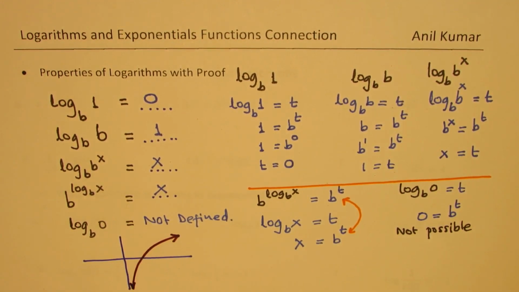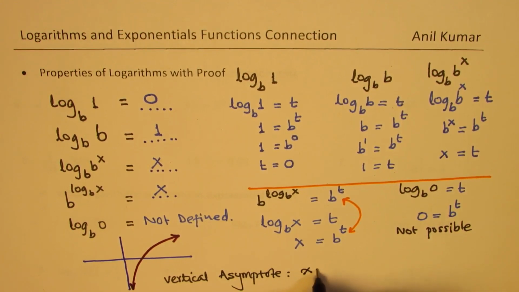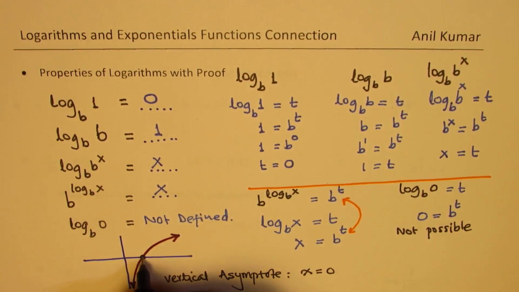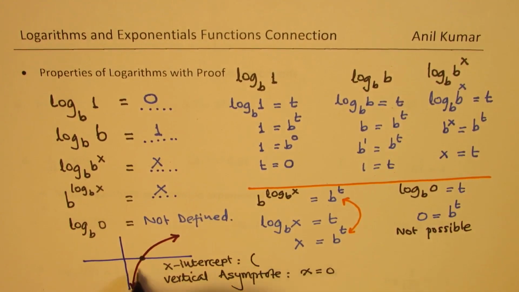Clearly, what you see here is that we have a vertical asymptote, which is x equals 0. We have this very critical point, which is your x-intercept, which is always at 1, so (1, 0). Perfect. These are very important points.